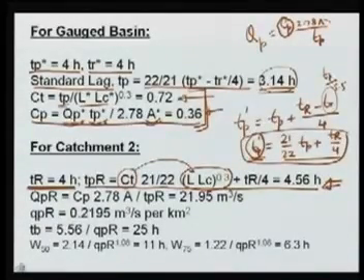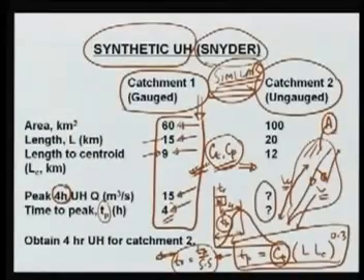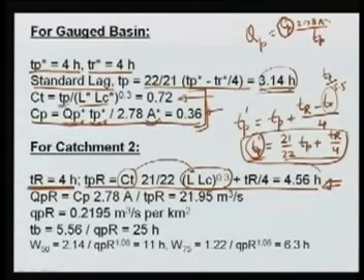We can see that the time to peak, or the lag, in the previous case was 4 hours, and the area was 60 square kilometers. Since this is a larger basin, 100 square kilometers, L and LC are also larger, so we expect that the lag will also be larger. Compared to 4, we get a lag of 4.56 hours.